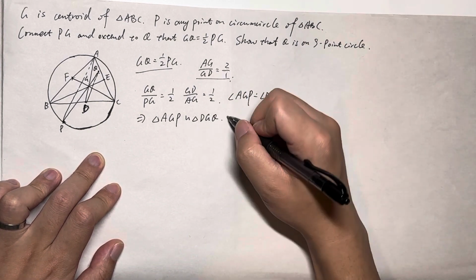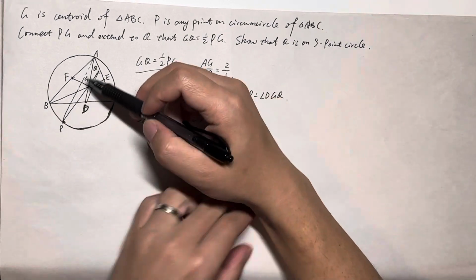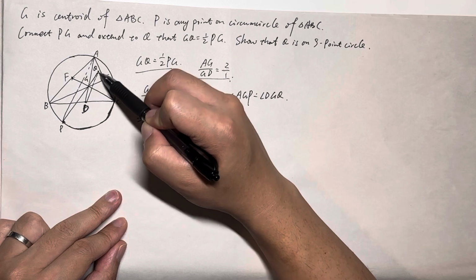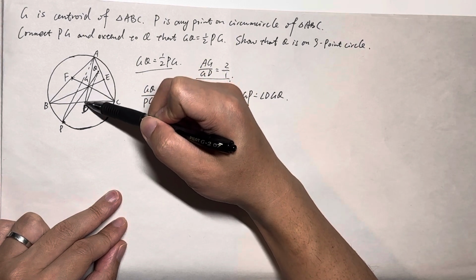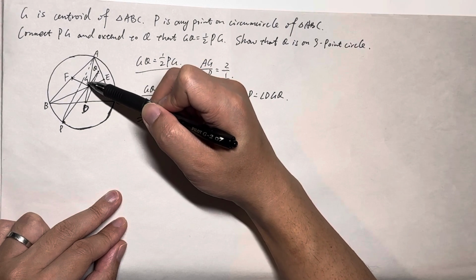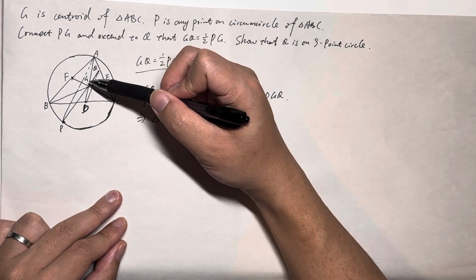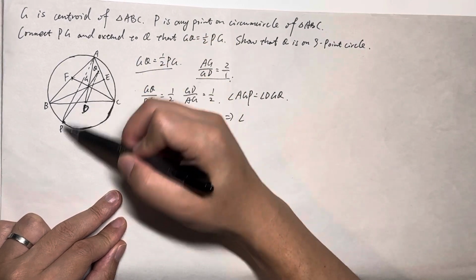Because these two are similar, edge GD corresponds to edge GA, and DQ corresponds to AP.